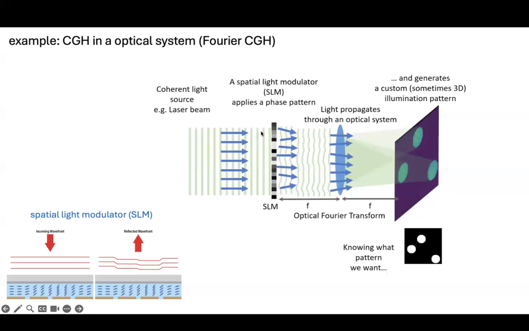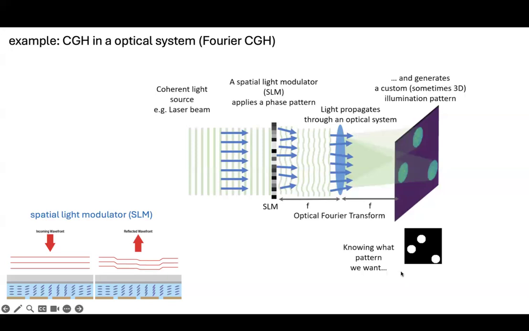So now that your coherent wavefront enters, it can be shaped into a specific phase pattern going forwards. And it will continue to propagate into your optical system. So usually it includes a lens. And what the lens does is that it performs a physical Fourier transform and then encodes this interference pattern into a 3D illumination pattern.